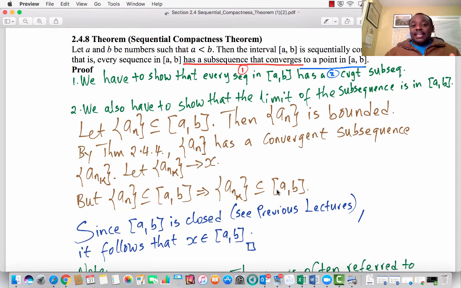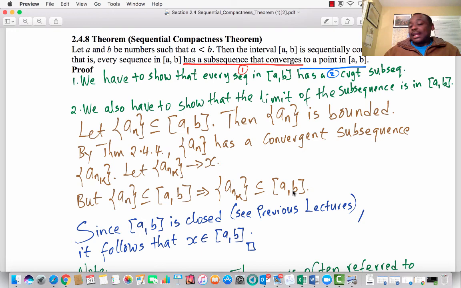So a_{n_k} is a subsequence of a_n that is convergent and is also a sequence of the closed interval [a,b], and therefore we can conclude that our limit of convergence is an element in [a,b]. So we have shown that every sequence in [a,b] has a convergent subsequence, and we have shown that the limit of the subsequence is an element in [a,b], and we just proved the sequential compactness theorem.